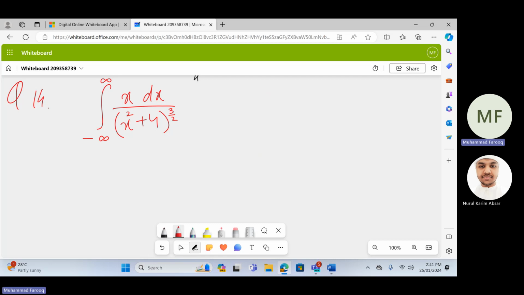Why break at zero? Minus t to 0, then 0 to t. Only t, please.